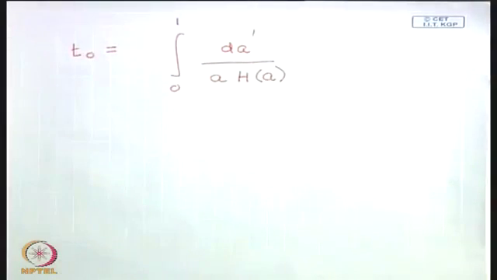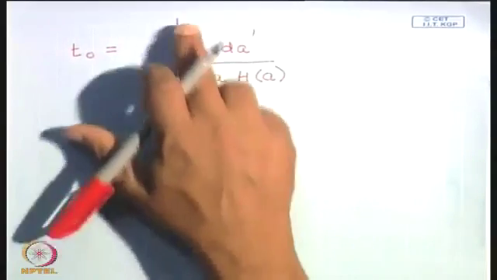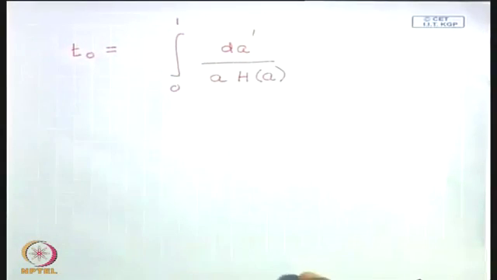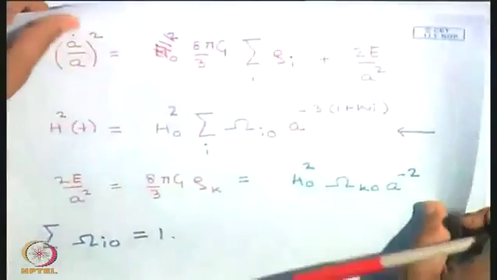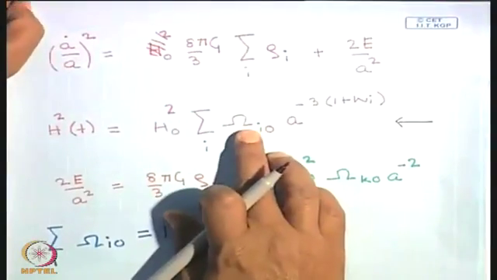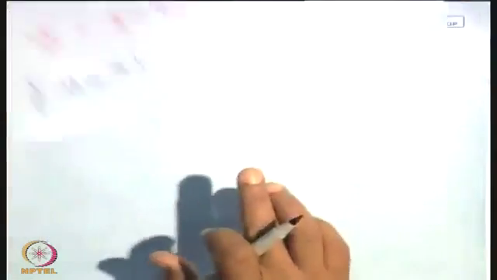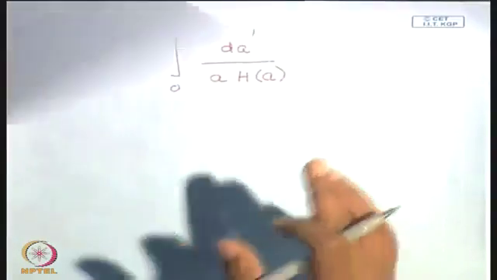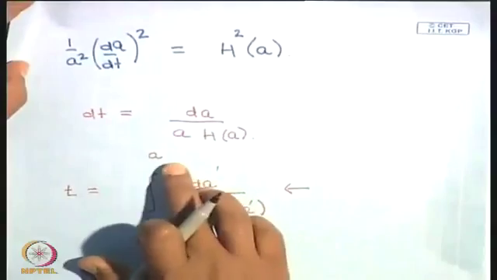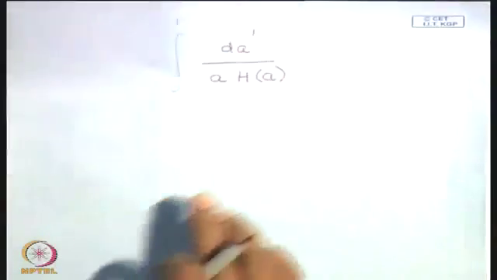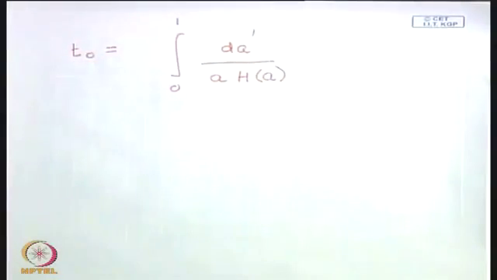So this can also be used to calculate the present age of the universe. If in your model you know all the different density constituents, what their contribution is at present, you can determine everything about the model. Not only can you determine the expansion history of the universe, how a behaves as a function of time, you can also determine the present age of the universe.